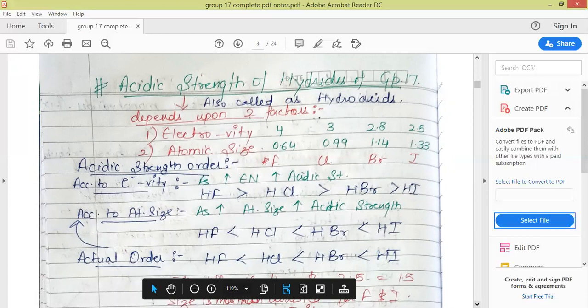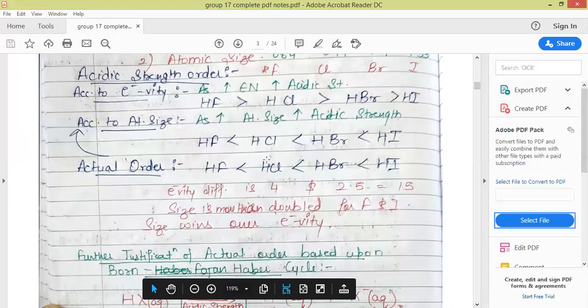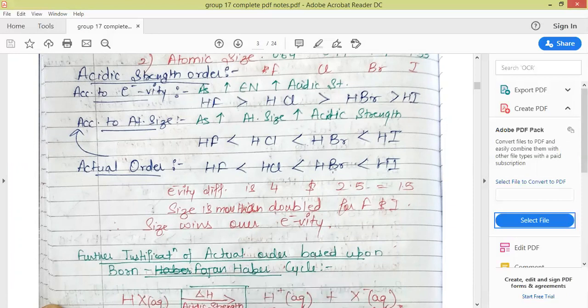In actual experimental conditions, it was observed that the actual order was this. That is, HI has the strongest acidic properties, which means the acidic strength increases down the group from fluorine to iodine.